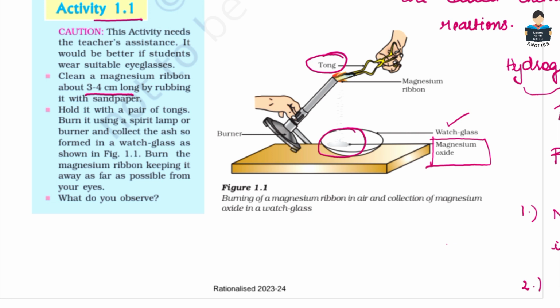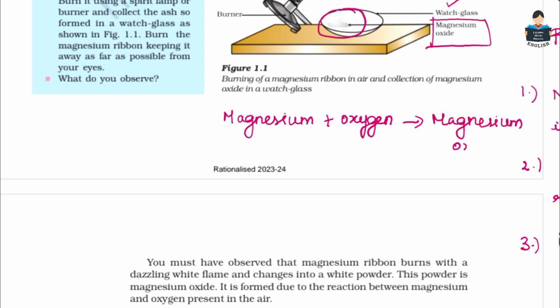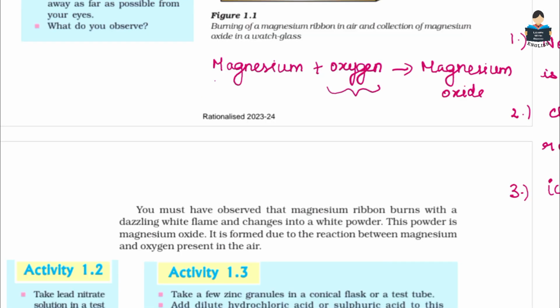Magnesium plus oxygen react with each other and form magnesium oxide. You can ask, where is this oxygen from? This oxygen is from the atmosphere.